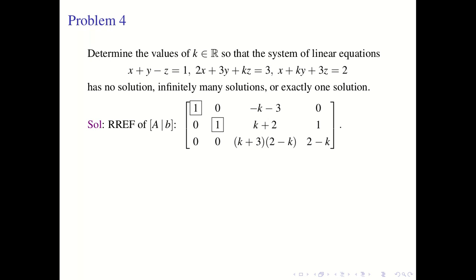Now for this system to have no solution, the third entry in the third column must be 0 and the other entry must be non-zero.